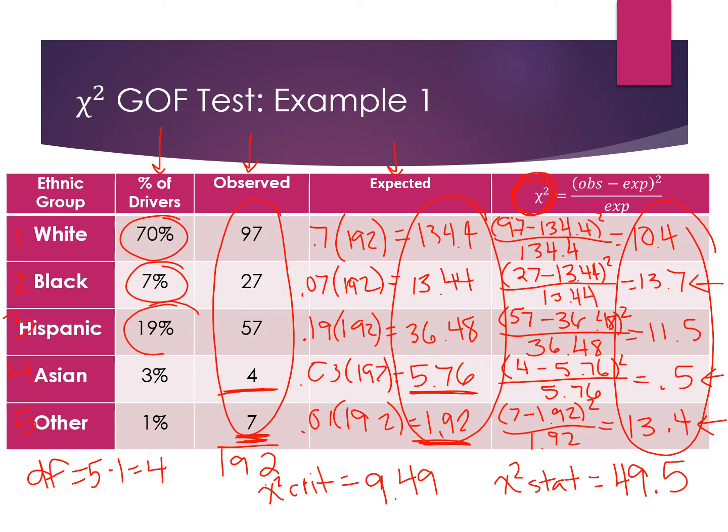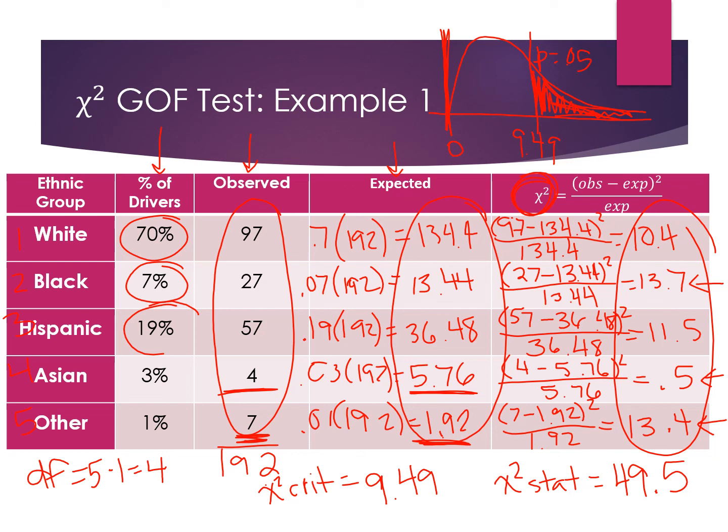Now, picture what that looks like. I'll draw it up here at the top. You have your chi-squared curve, which is right skewed. The curve begins down here at 0. If I draw 9.49 on this curve, that means that from here all the way up is a probability of exactly 0.05.